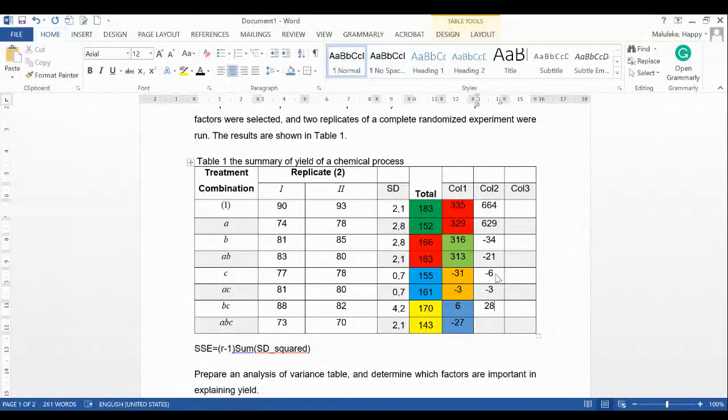It's 28. Oh, yeah, so it's 28. -3. Let's do the last column, guys. Let's go. You do the same thing.